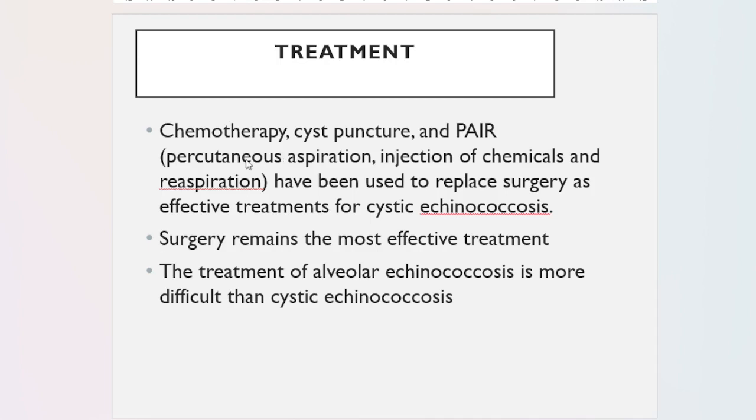So, treatment, we have here chemotherapy, cyst puncture and percutaneous aspiration, injection of chemicals, and reaspiration. So, it has been used to replace surgery as effective treatments for cystic echinococcosis. Surgery remains the most effective treatment, so it's like removal of the cyst, and the treatment of alveolar echinococcosis is more difficult as compared to cystic echinococcosis.